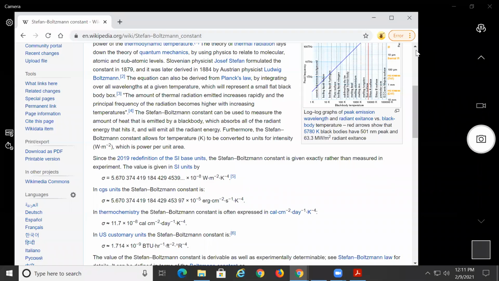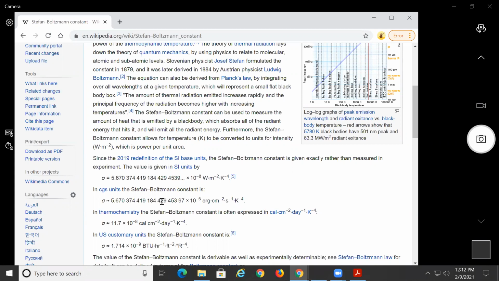So over here you see sigma is the Stefan Boltzmann constant, and if you want to write this down, it is equal to 5.670374. That should be enough for us. 10 to the minus 8 watts divided by meter squared Kelvin to the fourth, okay?